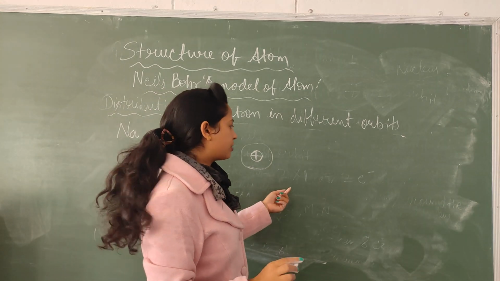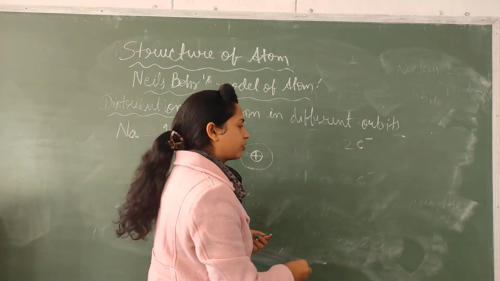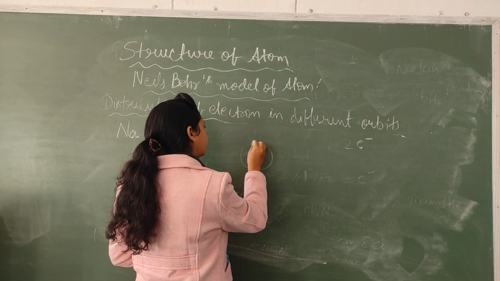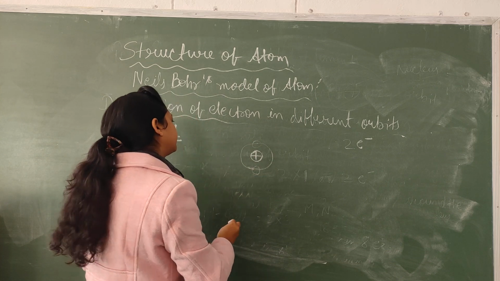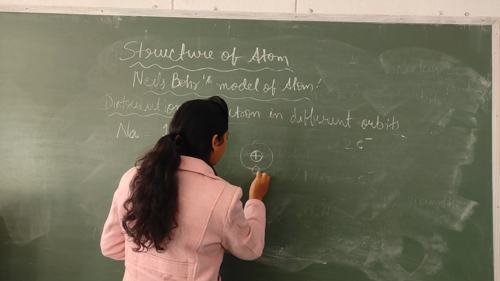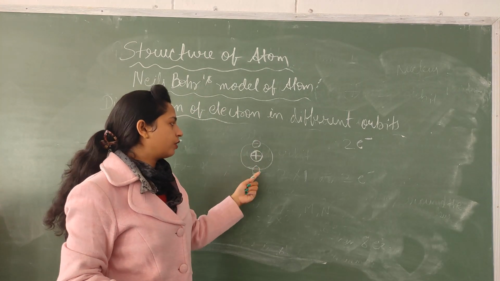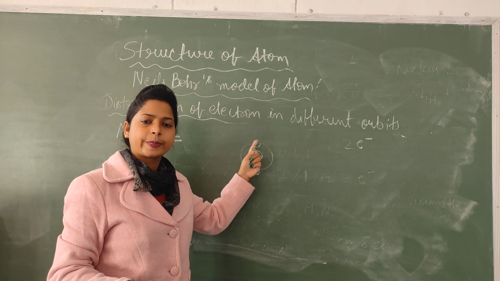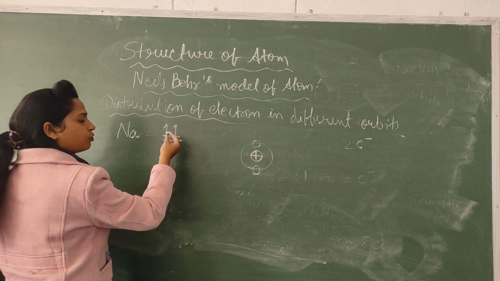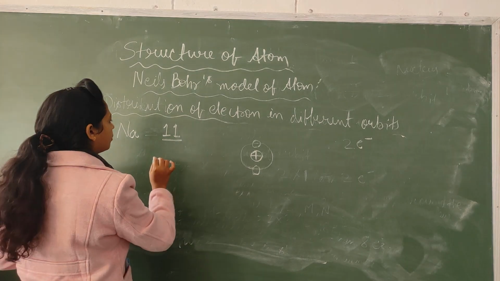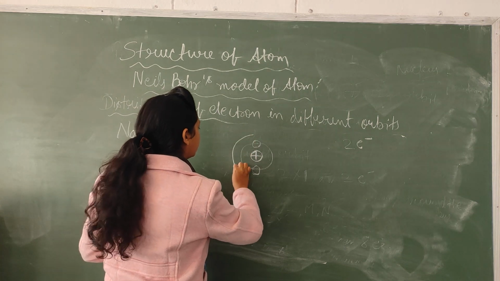According to this rule, how many electrons can be filled in the first orbit? 2 electrons. We show it by circles. This is our first electron. You try to place the electrons at the maximum distance. So this is the first orbit. Out of 11, we have arranged 2. How many electrons are left? 9. Now I am making the second orbit.